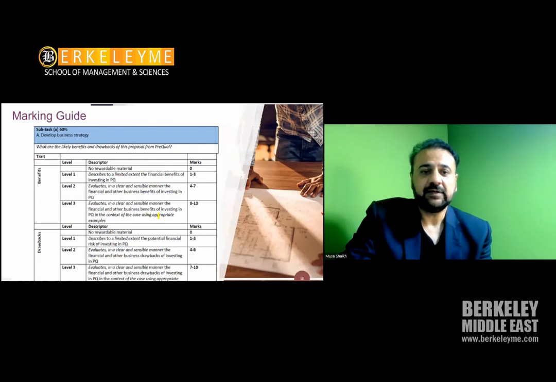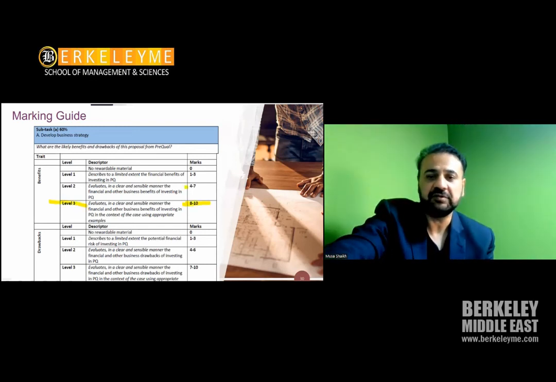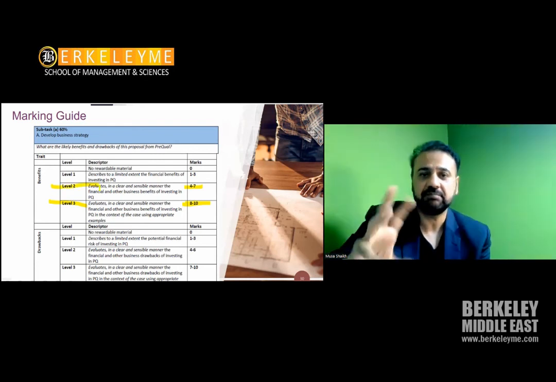So these are some levels. If you give a very good response, you will get 8 to 10 marks, which is level 3. If you do a normal job in the exam, you are on level 2.